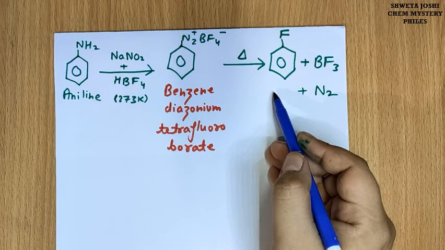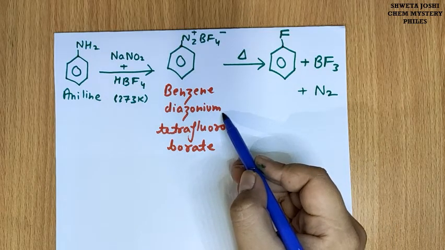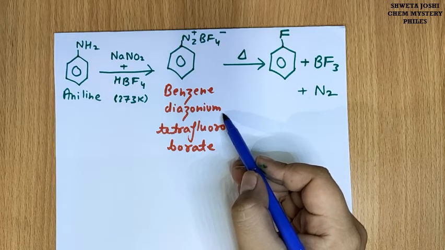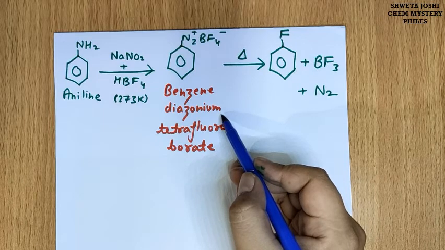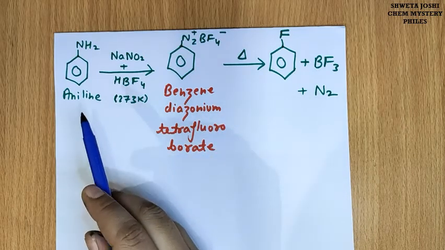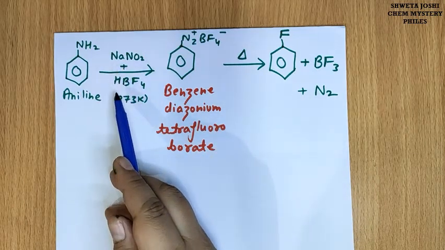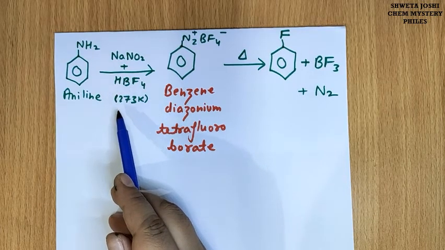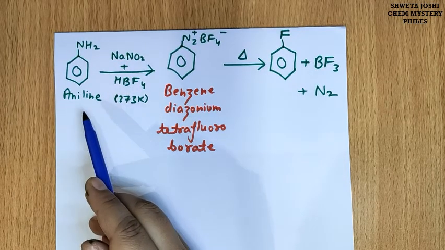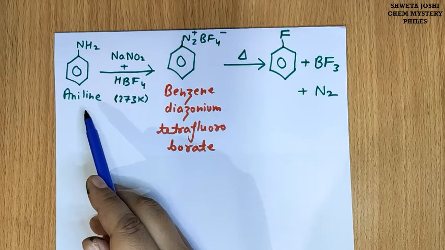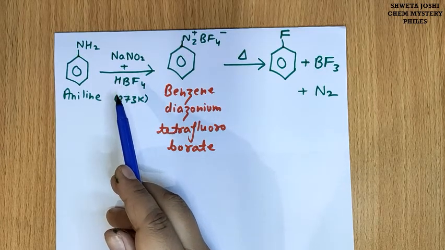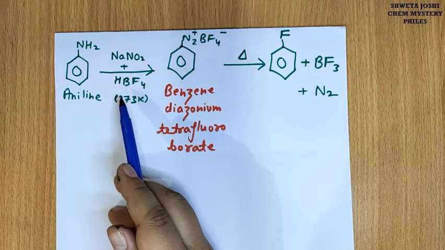Fluorobenzene can be prepared by heating benzene diazonium tetrafluoroborate. Benzene diazonium tetrafluoroborate is prepared by the reaction of aniline with sodium nitrite and fluoroboric acid, HBF4, at 273 Kelvin.